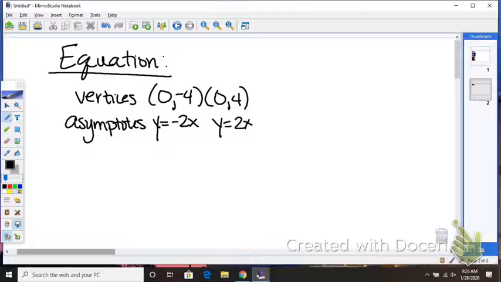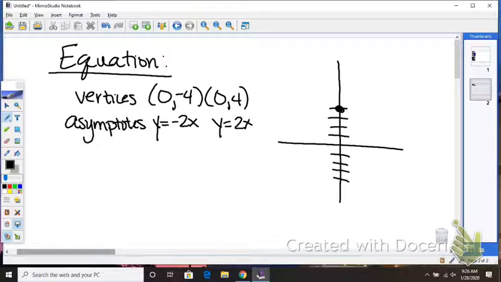The first thing I'm going to do is plot my vertices, because that is a visual as to which equation you're using. So if I plot (0, 4), I know now I'm using the y-axis. So that means that my equation is going to start with y squared over a squared minus x squared over b squared equals 1.